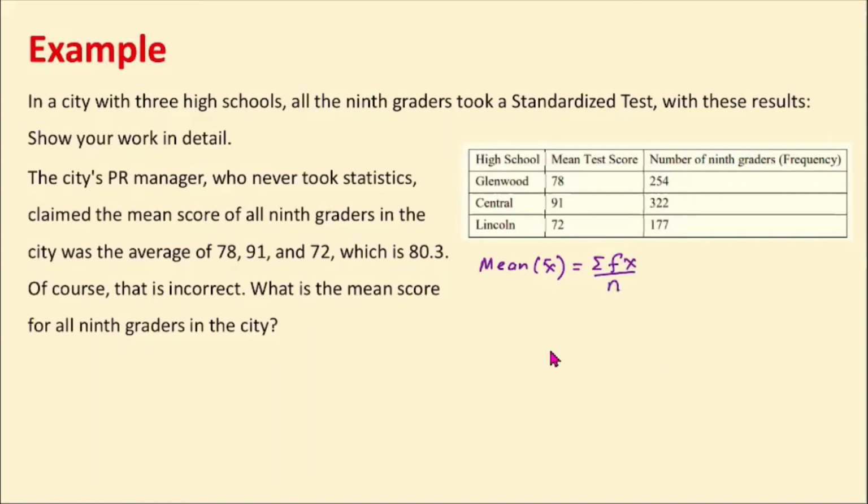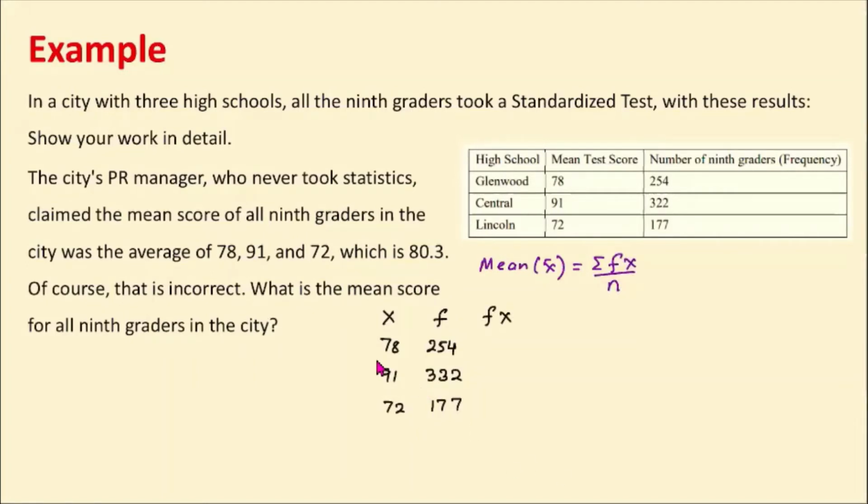So here, the x values are the test scores, which are 78, 91, and 72. Frequencies are given as 254, 332, and 177.